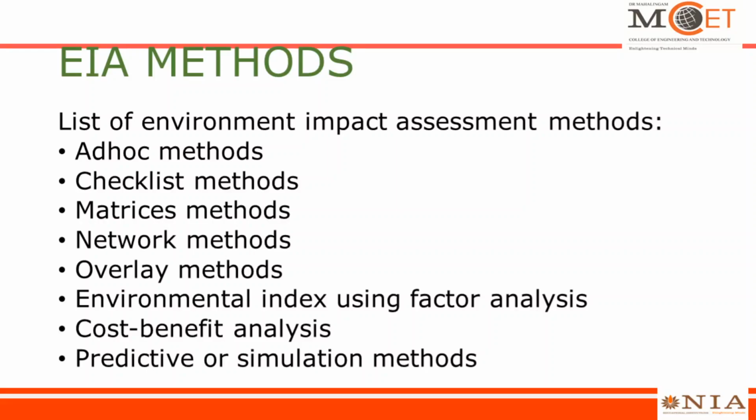Checklist method. In the checklist method, we have a checklist, and based on the checklist we try to evaluate the impacts, right? You might have heard what a checklist is. A simple explanation: when you go to the market or the grocery shop, you have a checklist, right? And after going to the shop, you purchase some things, and then you tick those things.